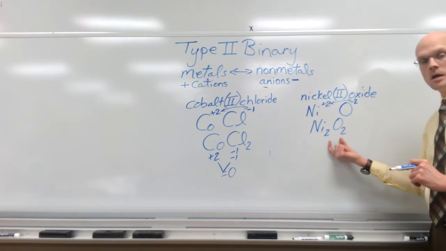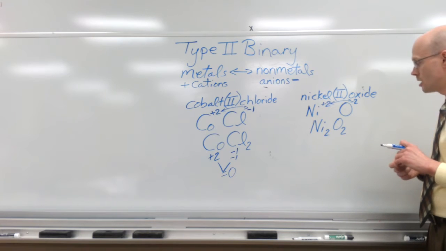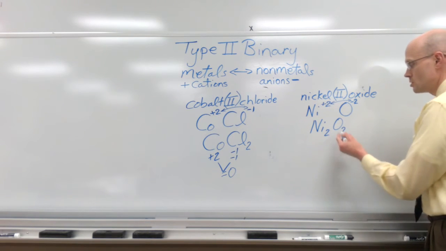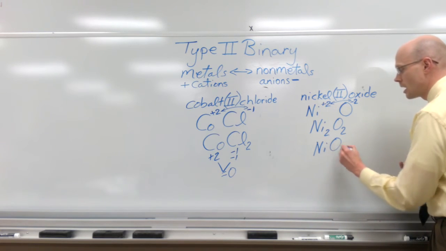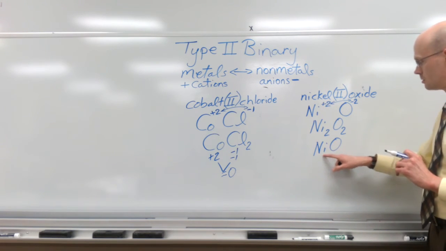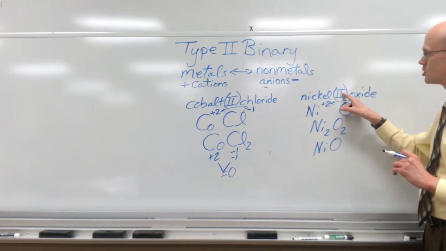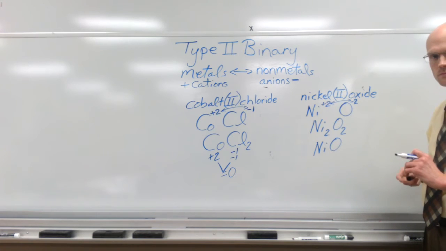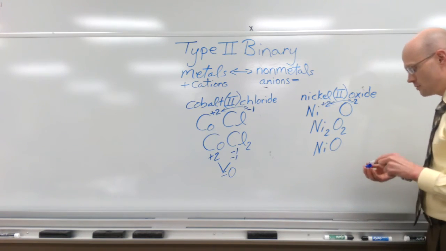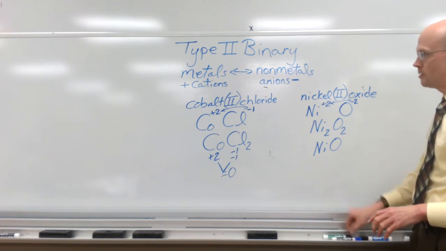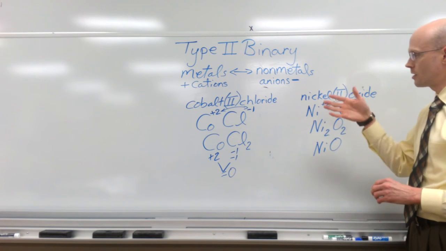But now these ions, we should show them in their simplest whole number ratio. So 2 and 2 is really a 1-to-1 ratio. So it would be listed as NiO, nickel 2 oxide, with the 2 being representative of the charge on the nickel. Okay? Hopefully this will help with naming type 2 binary compounds where the metal cation is coming from a transitional metal that has varying charges.